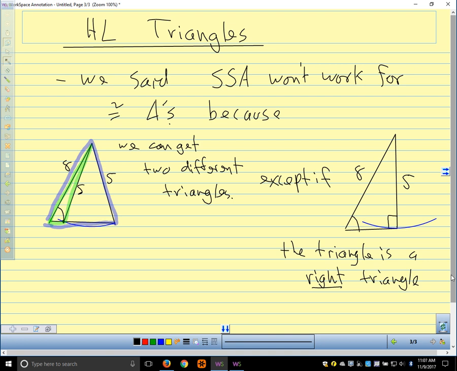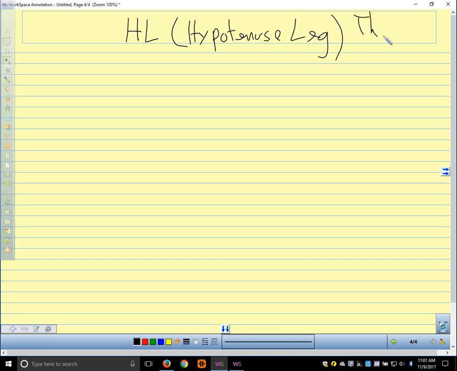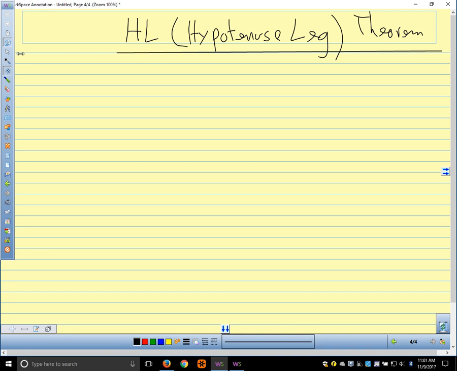So that leads us to our HL theorem. So we can't use SSA because it's possible that we have two triangles that are different with the same sides and angle. So our HL, which means hypotenuse, leg theorem. And it's important to remember that HL is for right triangles only.